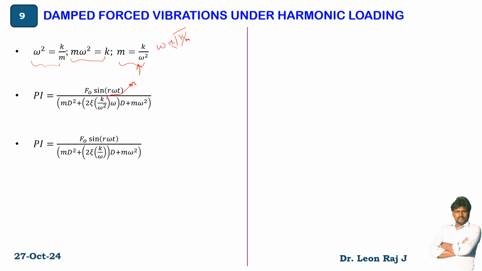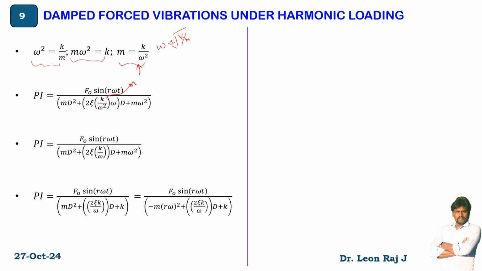Then the particular integral is f0 into sine r omega t divided by m d square plus 2 xi into k by omega into d plus m omega square. So m omega square is nothing but k. You can rewrite the equation as f0 sine r omega t divided by m d square plus 2 xi k divided by omega into d plus k.